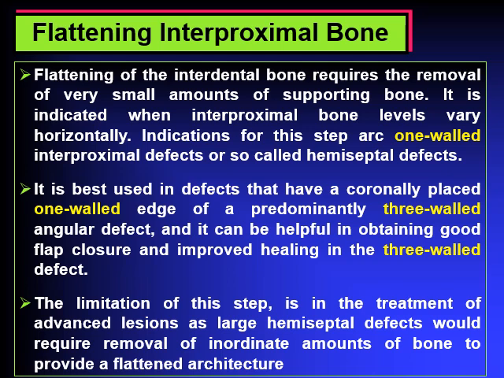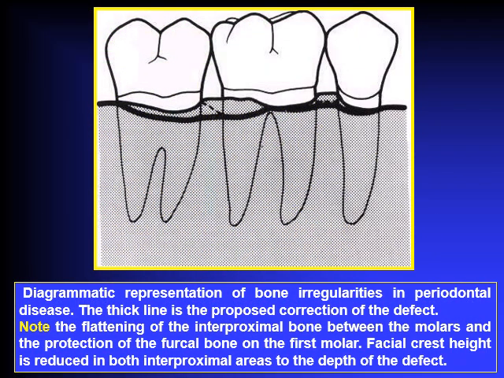It is limited in the treatment of advanced lesions such as large hemiseptal defects, which will require removal of excessive amounts of bone to provide a flattened architecture. So this technique is contraindicated in this case. See here, this is the flattening of the interproximal bone.